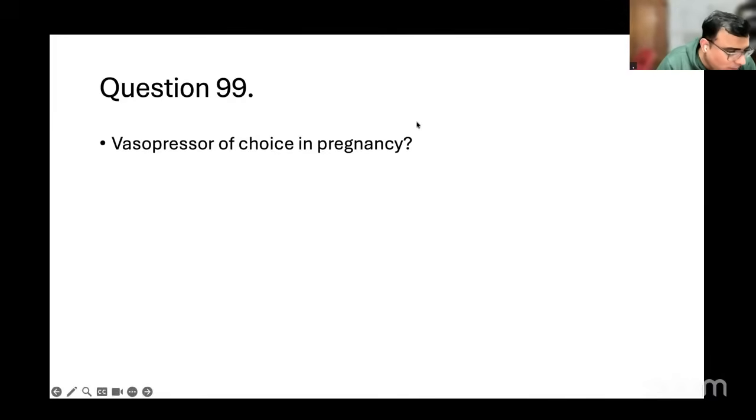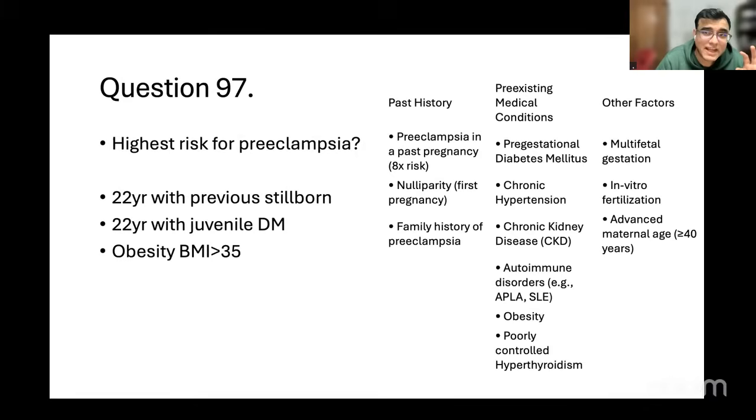I'm not sure what the options were. Somebody is asking previous stillborn could be due to other reasons. I'm not sure what the correct option was there, but if they had preeclampsia in the previous pregnancy, that is one of the highest risks. So if preeclampsia in a past pregnancy was there, which could have led to stillbirth, that would have been your correct answer.